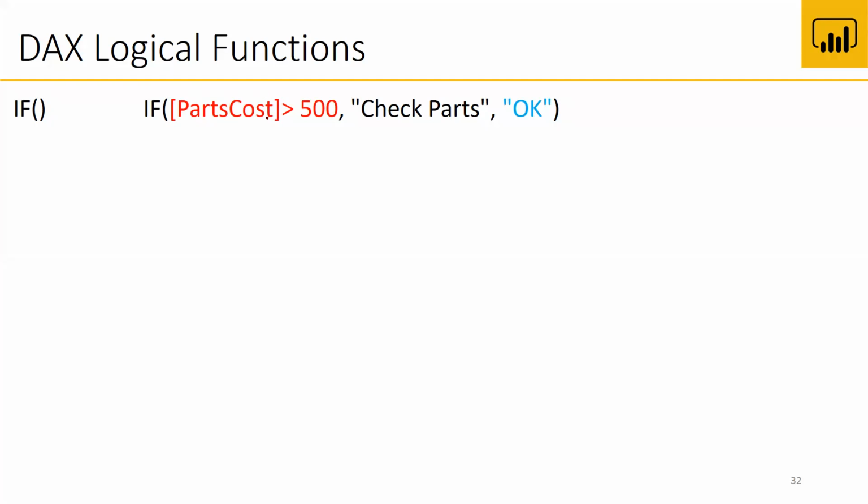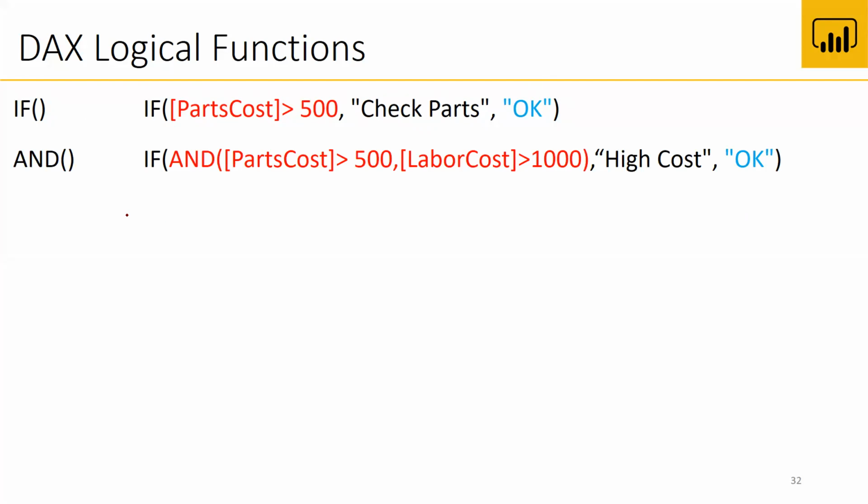If part cost is greater than 500, then check parts, otherwise it's okay. Second is AND. The two conditions are within the AND: condition number one, comma, condition number two. So how does the AND operator work?